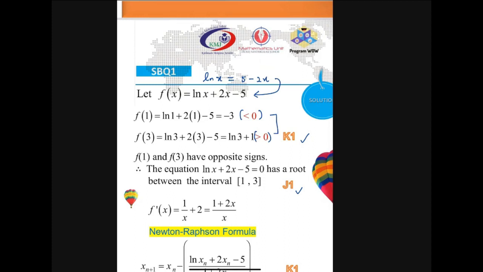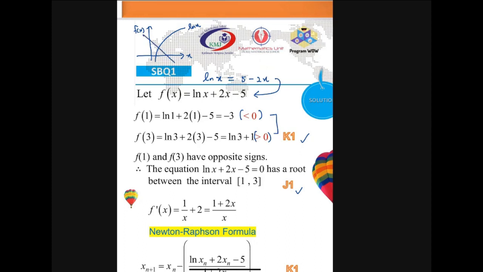So if you want to use graphical method, it's also possible. Then you have to sketch the graph between those two. So you have to sketch the graph of ln x. I just briefly sketched here. So we have ln x, and then you have to sketch a graph of 5 minus 2x.